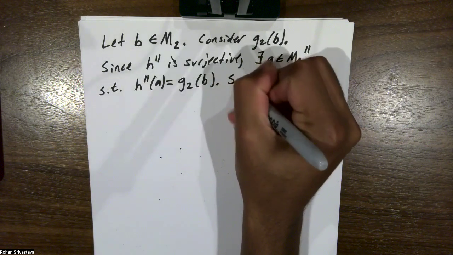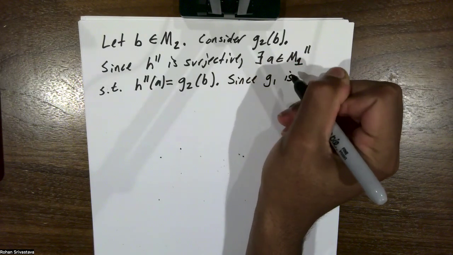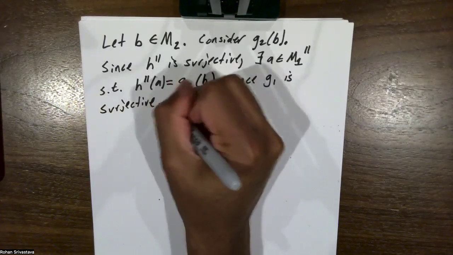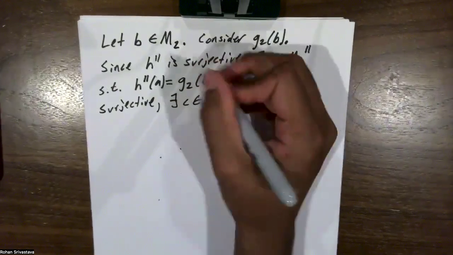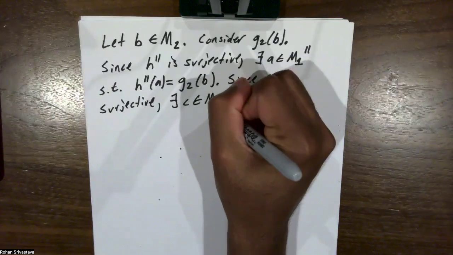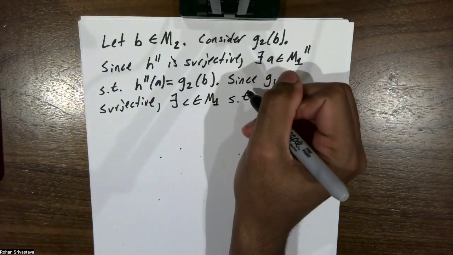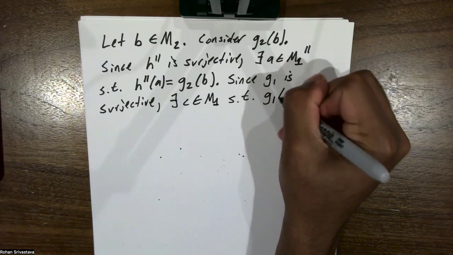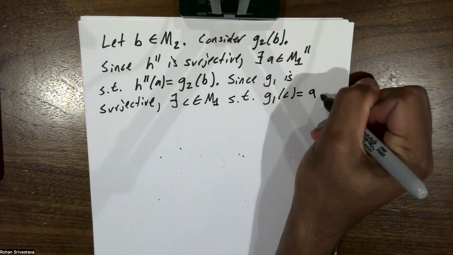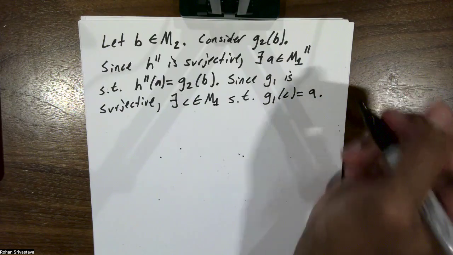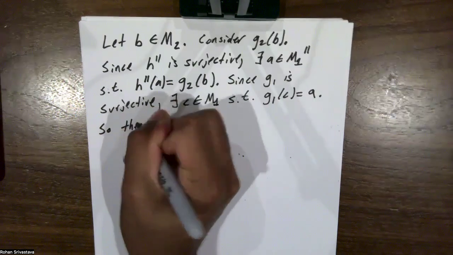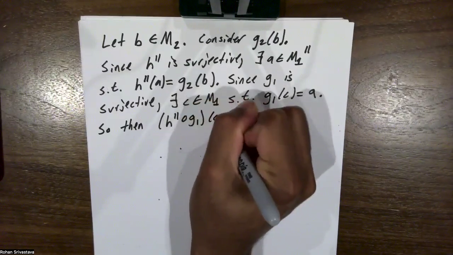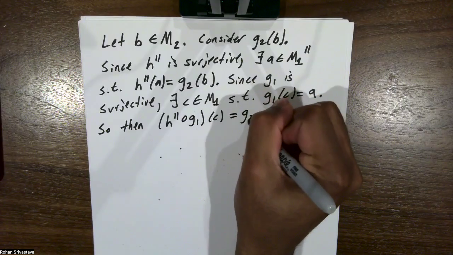So since G1 is surjective, there exists some element, let's call it C, in M1 such that G1 of C is equal to A. So then H double prime composed with G1 applied to C gives us G2 of B.